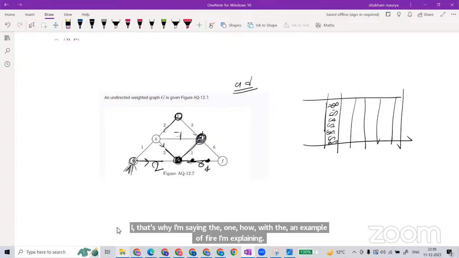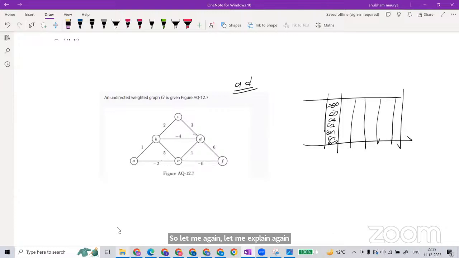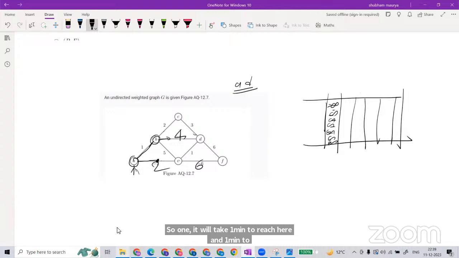So let me explain again. So what is happening here? Suppose there is no negative. Now from here, this station got fire. So it will take 1 minute to reach here, and 1 minute to hop off here. And again, fire will start moving in these 3 directions.